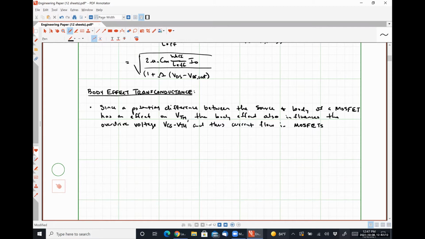So our body effect transconductance mathematically is going to be represented by the symbol GM for transconductance, and then we tack a little B on there at the end to let us know that we're dealing with body effect. And it is defined to be the derivative of the drain current with respect to the body source potential.